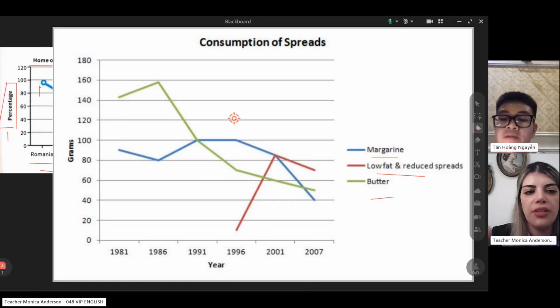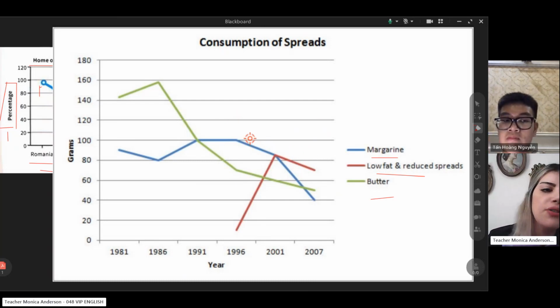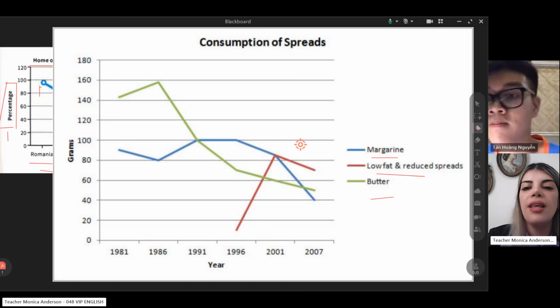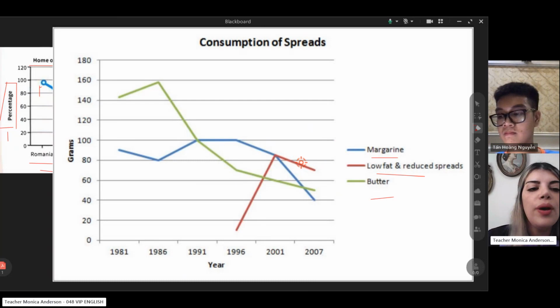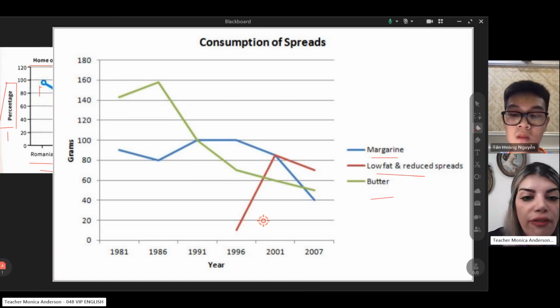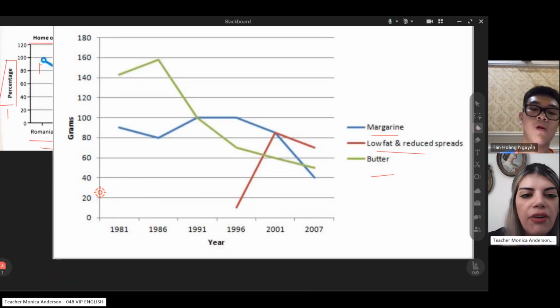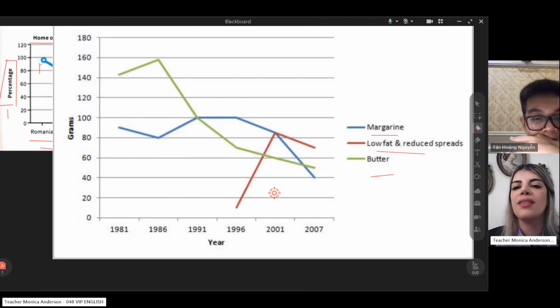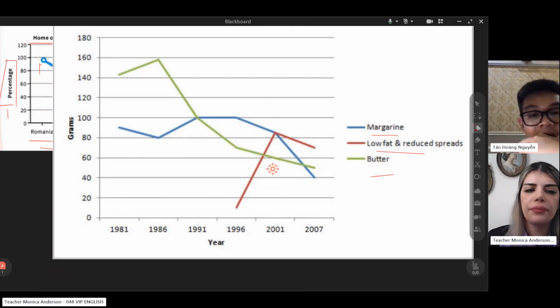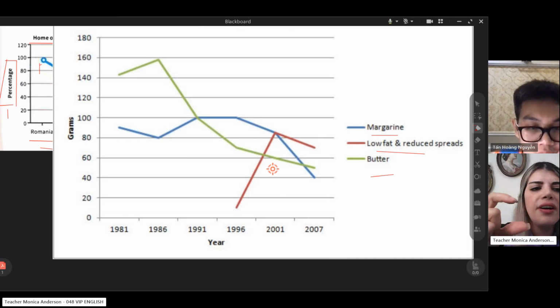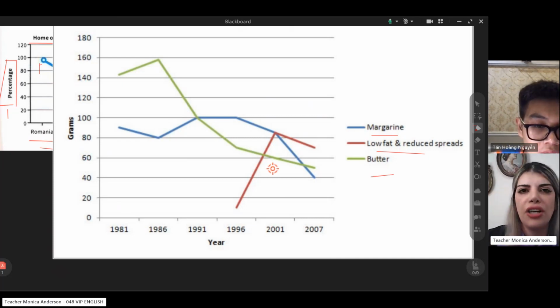So illustrate or demonstrate or show the amount of three kinds of margarine, low fat, reduced spread, and butter, which were consumed over, for example, how many years? For example, from 1981 to 2007.